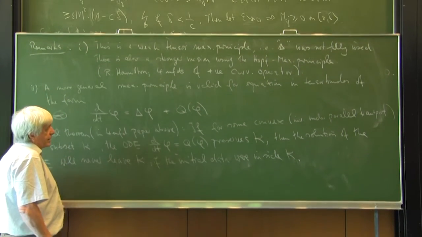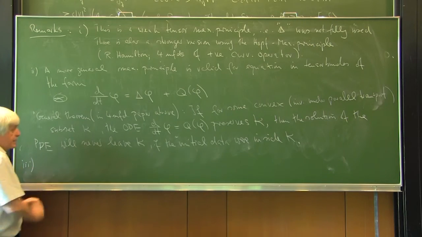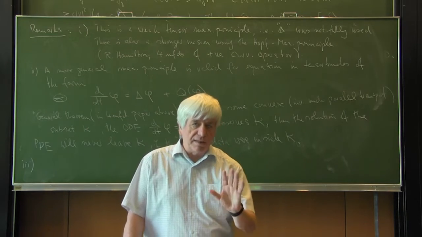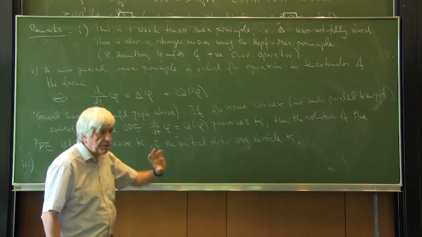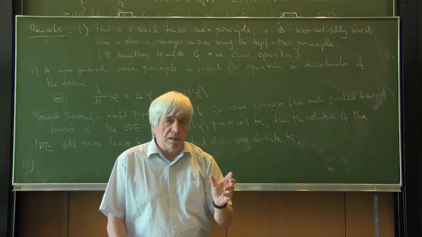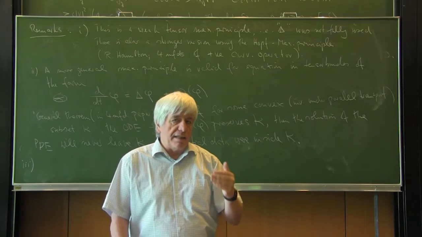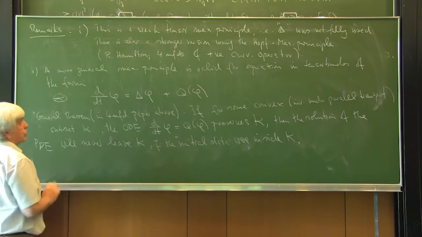Now the third comment is that this cannot be easily extended to other elliptic operators. So it's really important that you have the Laplacian here, because the Laplacian has an invariance under the orthogonal group that makes sure that the diffusion speed is the same in all directions. And that is crucial for the proof of this general principle. It was crucial for our proof.